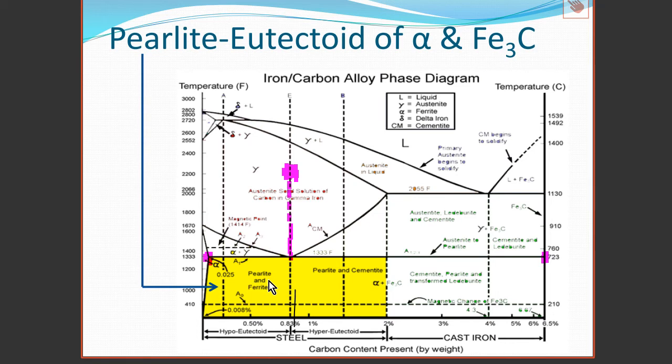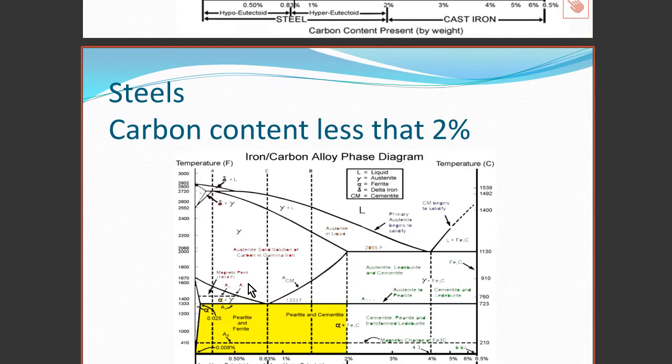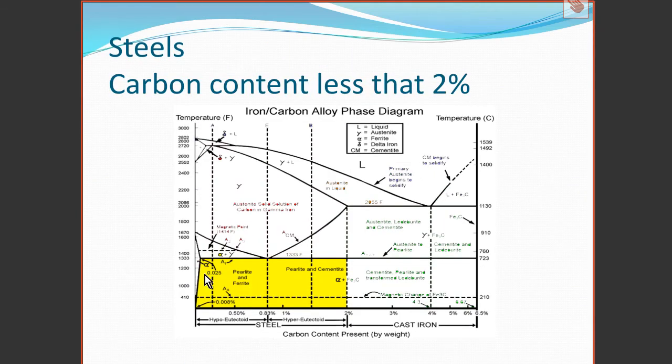That's the form of microconstituent you get when you cool the steel at a relatively low cooling rate. So this reaction here, the eutectoid reaction, the formation of this microconstituent of alpha iron and cementite is very important and characterizes steels.